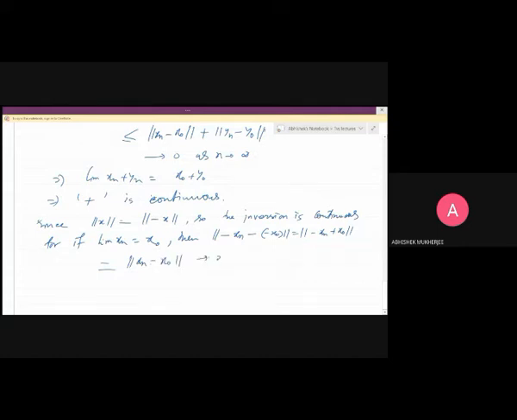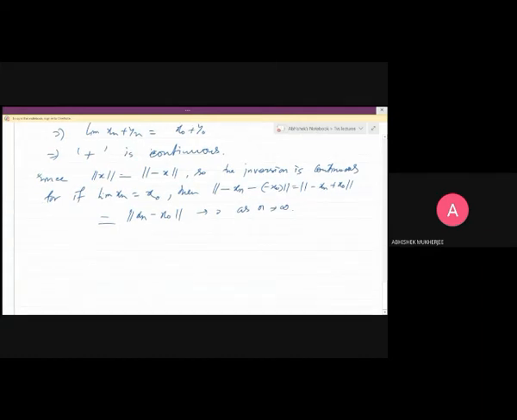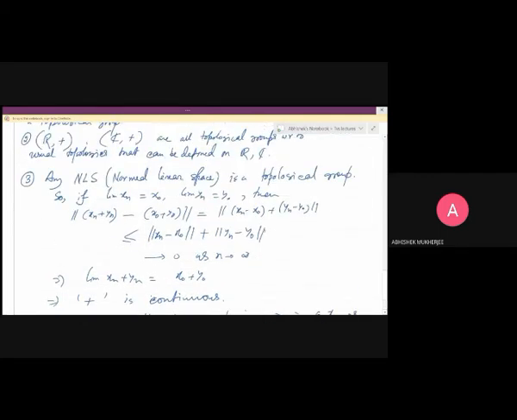So it tends to 0 as n approaches infinity. Okay. So any normed linear space is a topological group.